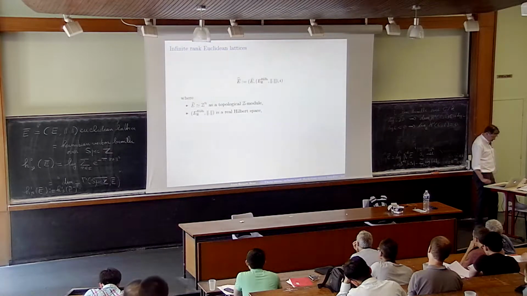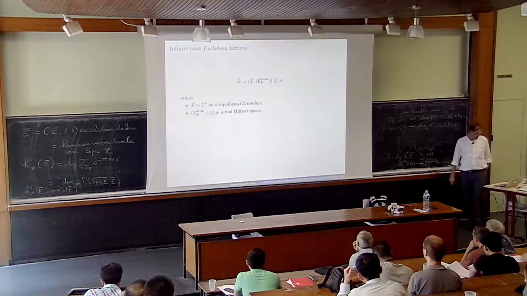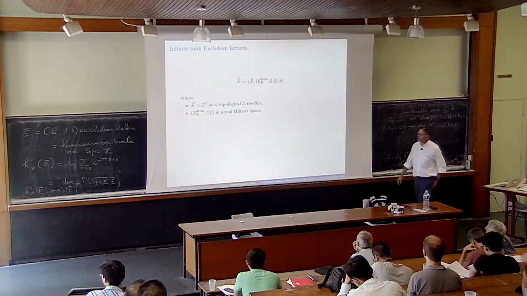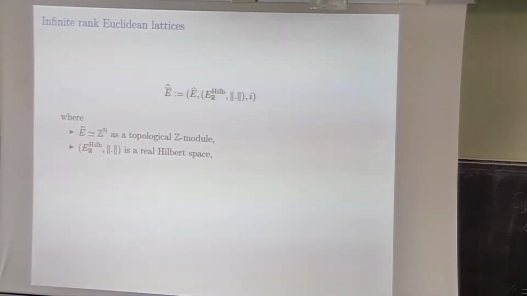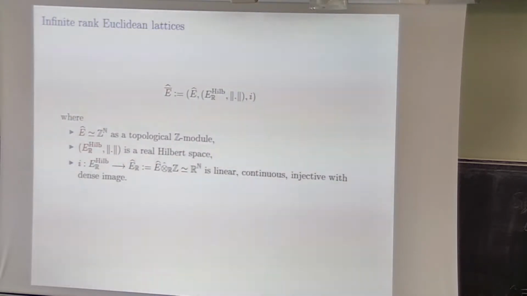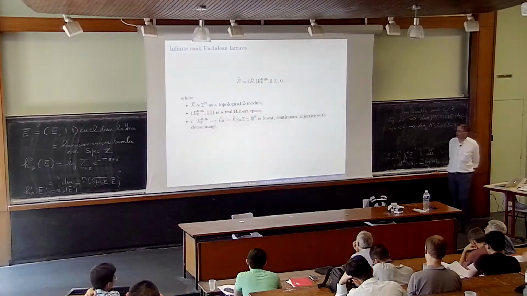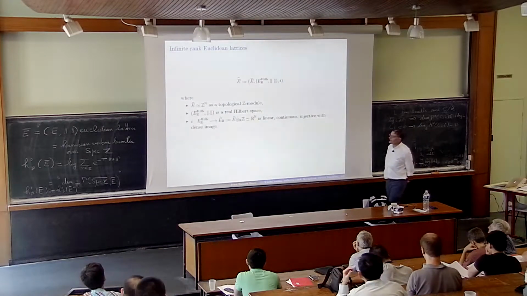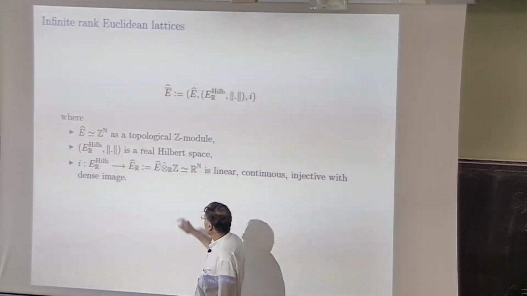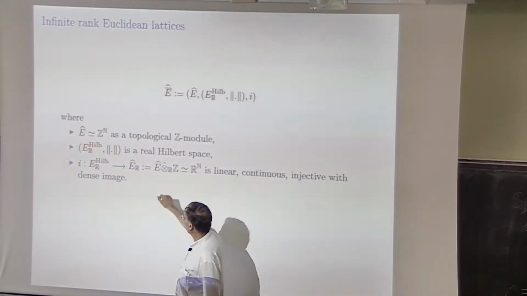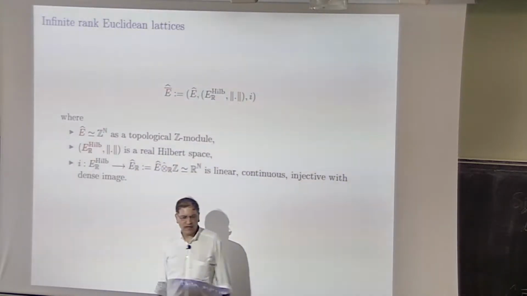Second part of the data is some real Hilbert space. And the third part of the data is some kind of comparison map, I, that embeds the real Hilbert space inside the real topological vector space you get by taking the completed tensor product with R of E hat.